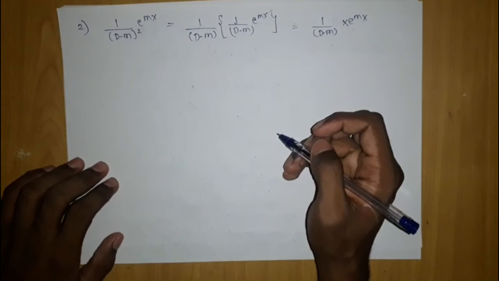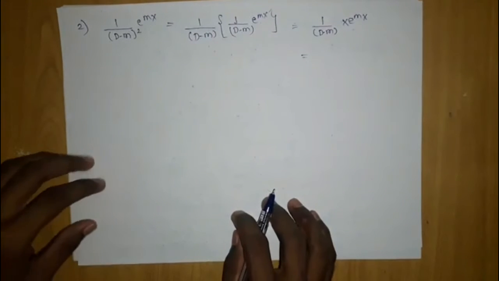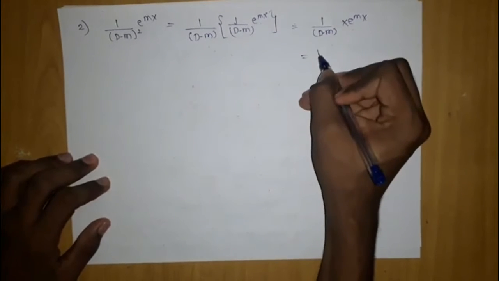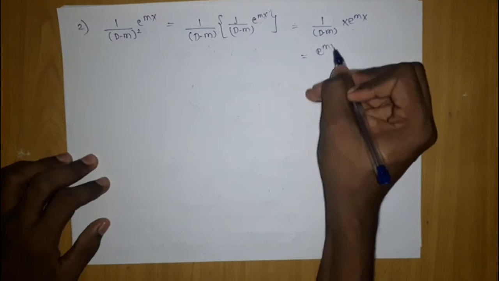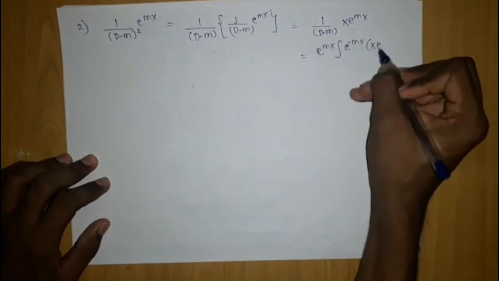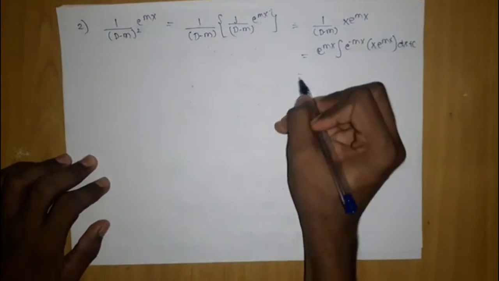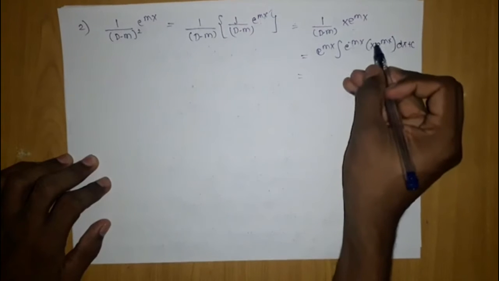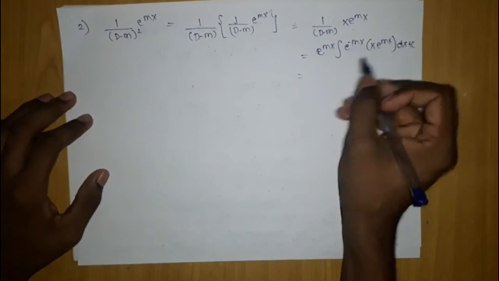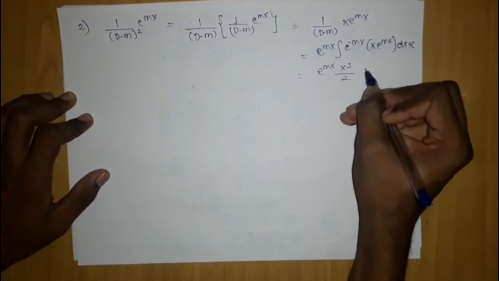So apply the formula e to the power mx into integration e to the power minus mx into Q of x, which is x e to the power mx, into dx plus c. Then this will become again 0, e to the power 0 is 1, and you do the integration of x, which will give you e to the power mx x square by 2 plus c.